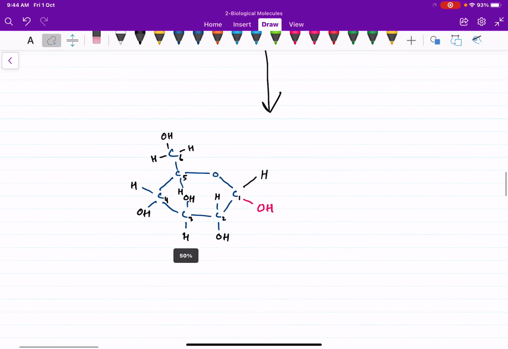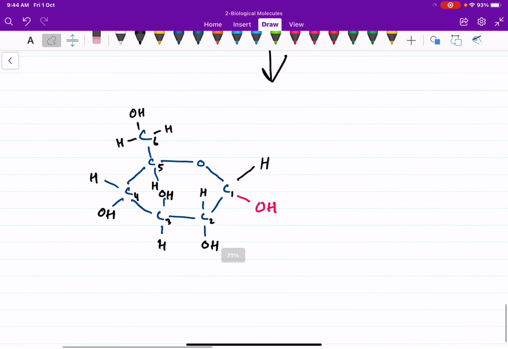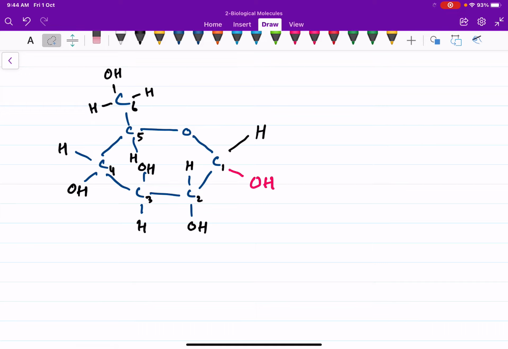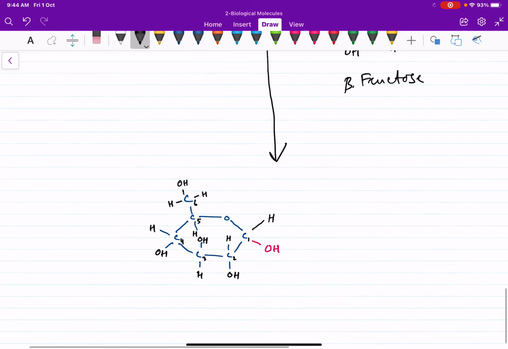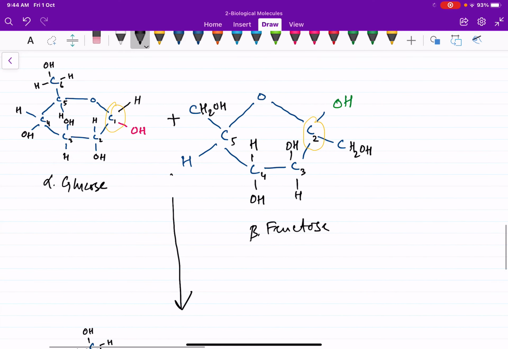I'll redraw it. So we can flip this beta fructose to bring this carbon number 2 face to face with carbon number 1, and the hydroxyl group on carbon number 2 in the same plane as it is on carbon number 1.